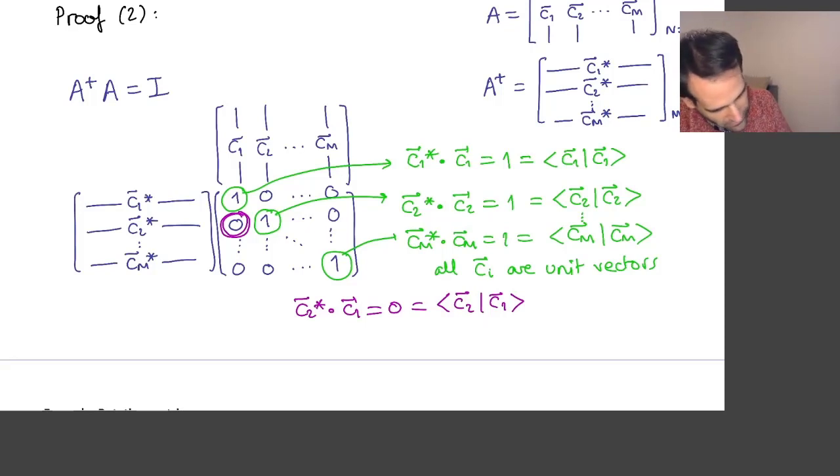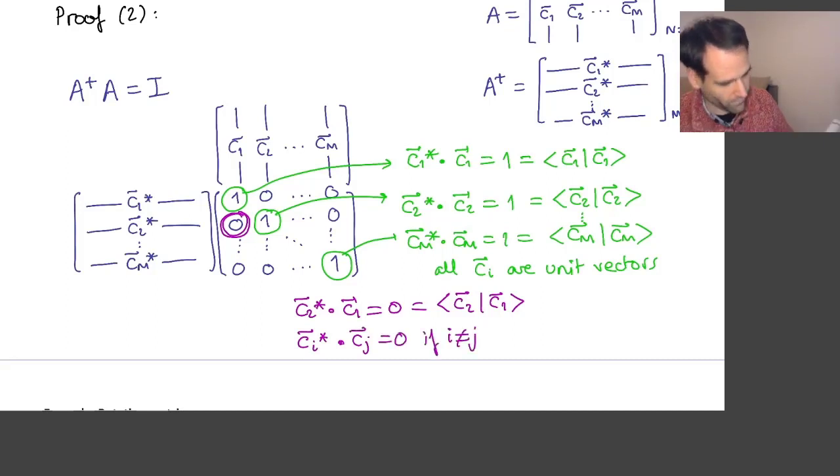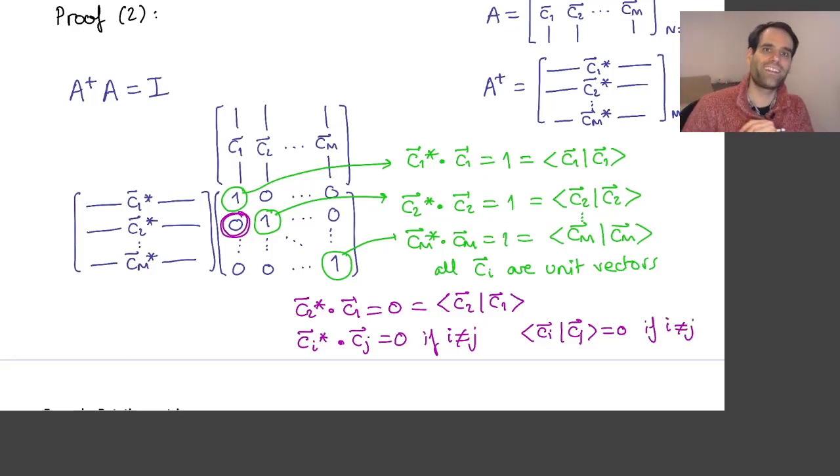And indeed, every single zero away from the diagonal is telling us that Ci conjugate dot Cj is equal to 0 if i is different to j. Because in every element outside of the diagonal of the unitary matrix, we are doing one column dot product with a different column. Therefore, the inner product between Ci and Cj is equal to 0 if i is different to j, which was the definition of orthogonality.